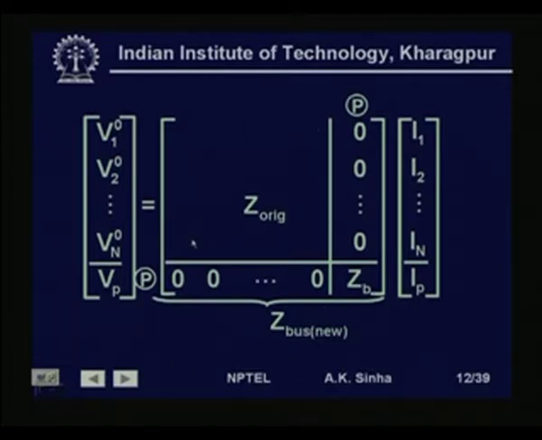Whatever matrix we have, we add one row and one column to it, and all the elements of this extra row and column are zeros except the last element, the diagonal element, which will be equal to Zb, the branch impedance that we are adding from the new node to the reference node.